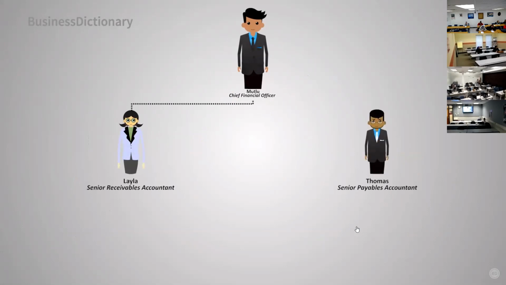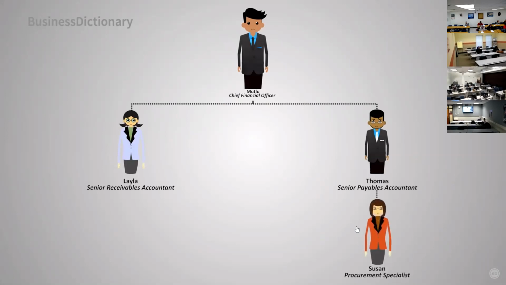Well, this is Thomas. He's Layla's peer, meaning that they are likely to receive comparable compensation, and they both report to Mutlu. Thomas's area is slightly different, though. Thomas handles accounts payable. That's the money that the company pays to its suppliers and service providers. He also happens to handle the company's taxes.